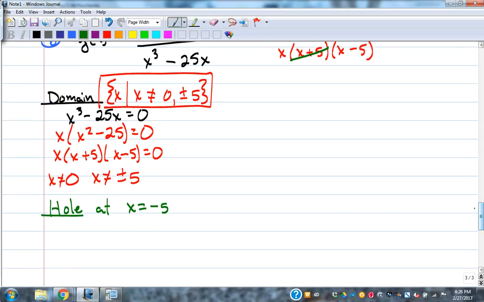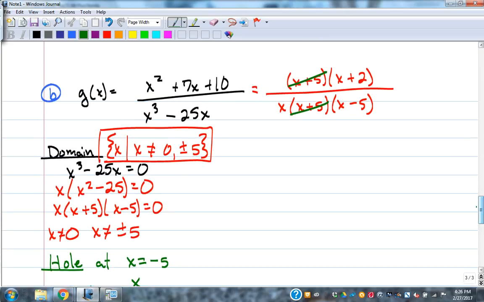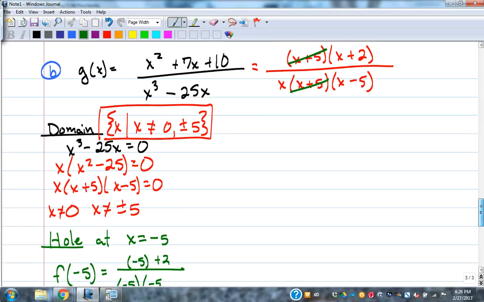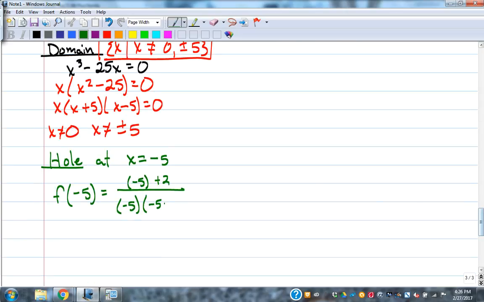So we need to find that particular function value, and we're going to the simplified version. Simplified version is x plus 2 over x times x minus 5. So it'd be -5 plus 2 over -5 times -5 minus 5.